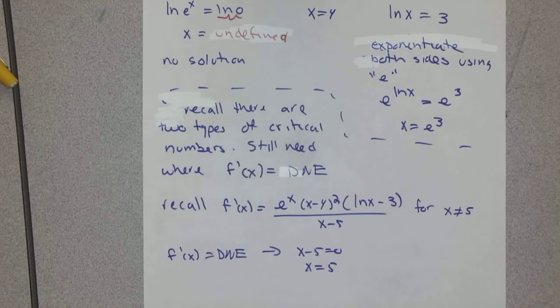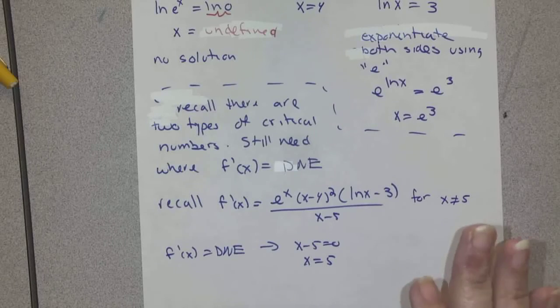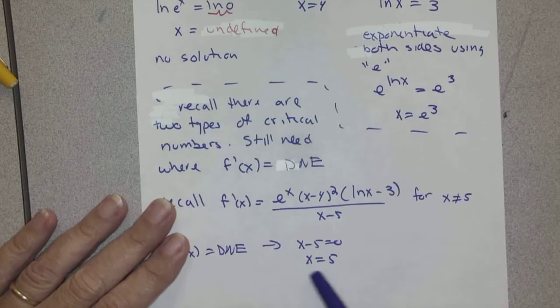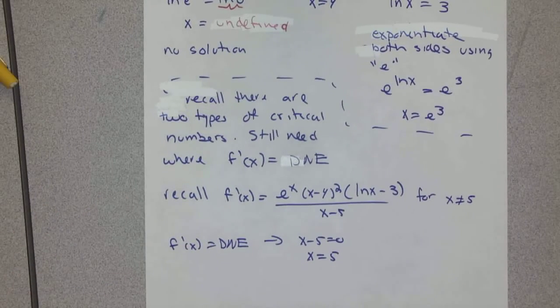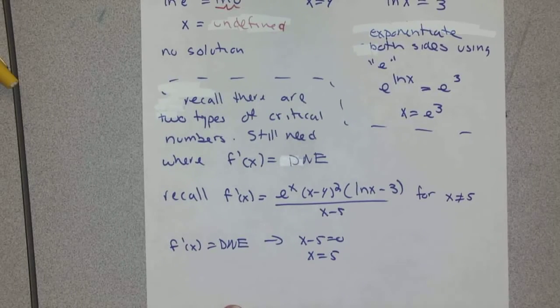So for me, always, always, always calculate where that denominator of that derivative is 0. Sometimes it will be called a critical number. Sometimes it won't. I don't care that much about the language there. Where the derivative is undefined, where the denominator of the derivative goes to 0, is a hugely important number.